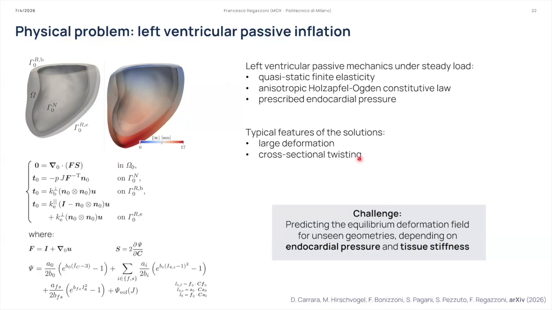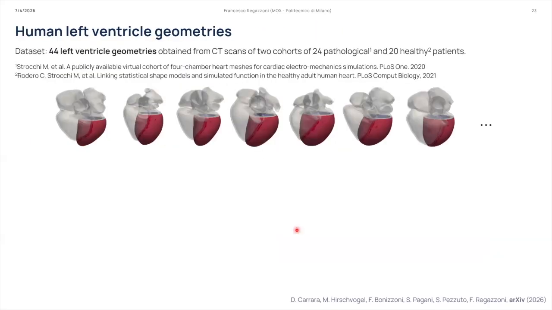And this solution typically features large deformations and also cross-sectional twisting, which makes this particularly challenging. And here the challenge is to predict the equilibrium deformation field for geometries that we have never seen before, depending on the endocardial pressure and on the tissue stiffness.